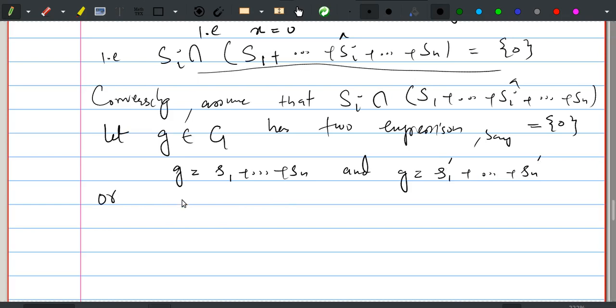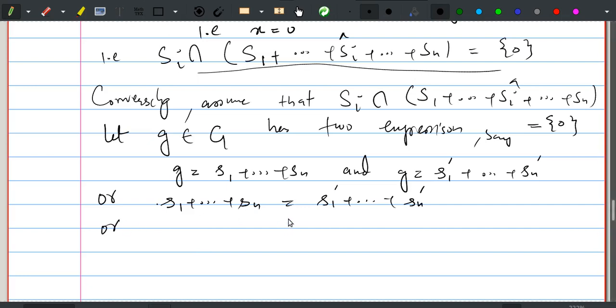Or S1 plus so on plus Si plus so on plus Sn. Now G is this and G is this. This implies this sum over here is the same as the sum over here, S1 prime plus so on plus Sn prime.